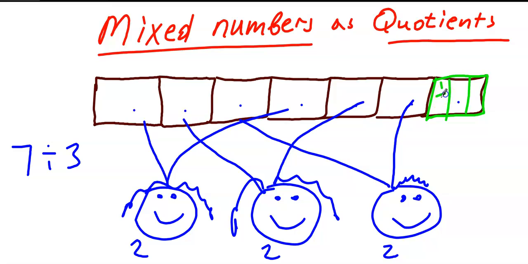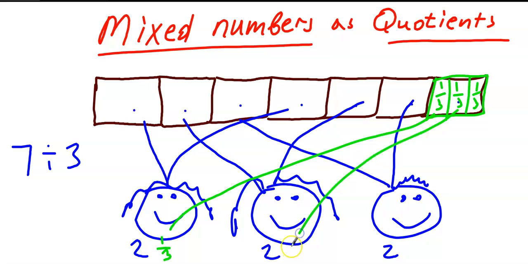So this is going to be 1/3, 1/3, 1/3. That person will get an extra 1/3, that person will get an extra 1/3, and that person will get an extra 1/3. So that's the visual way of solving this kind of problem.